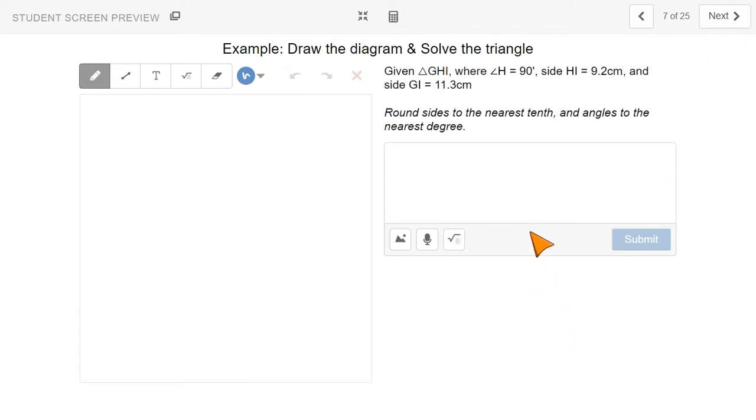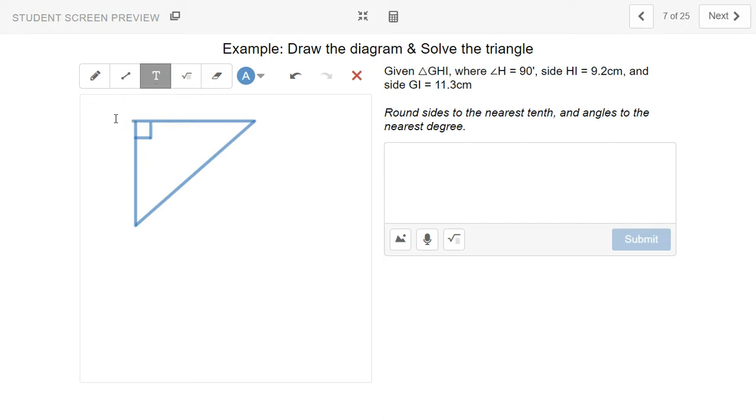Another example, triangle GHI. H is 90 degrees, side HI is 9.2, and side GI is 11.3. Okay, we know that this is angle H. Side H is on this side.